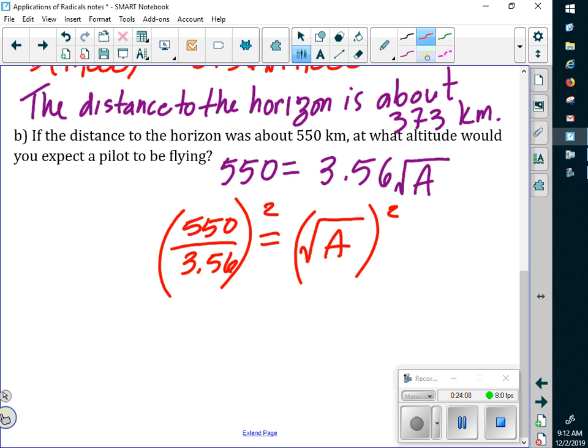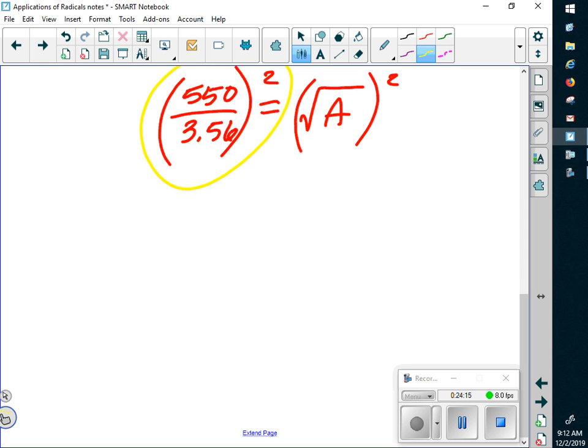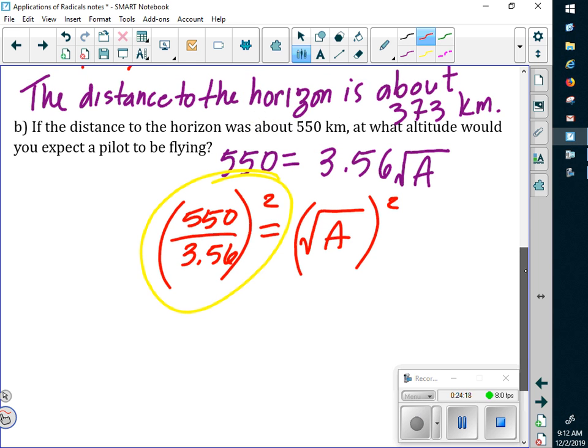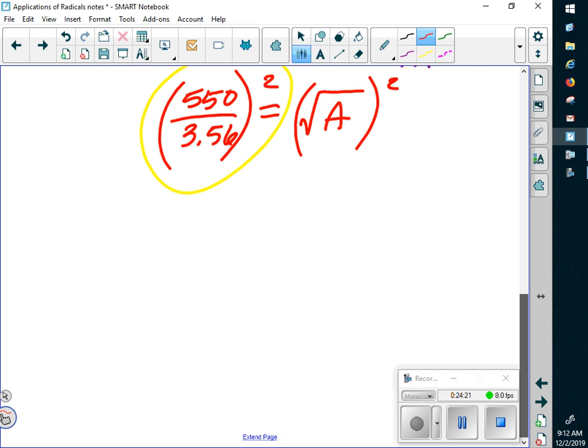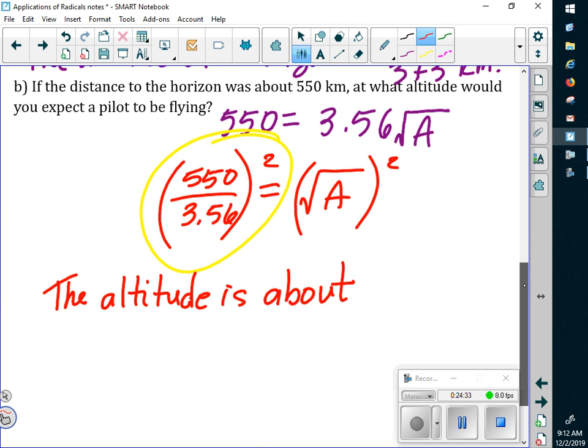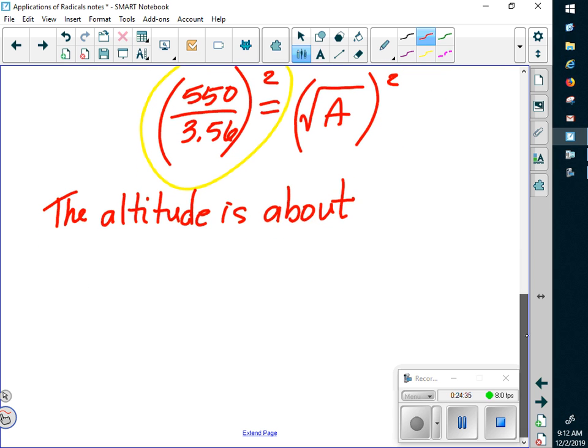And this is what you're going to put in your calculator. While they're figuring, I'm going to be writing. The altitude is about, we're going to the nearest meter. So the nearest meter.